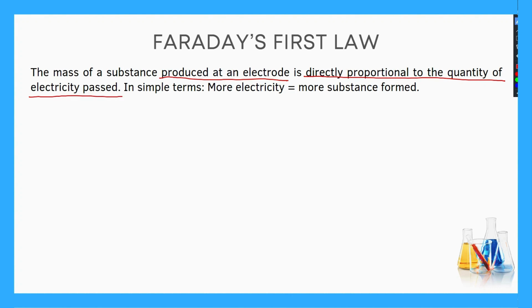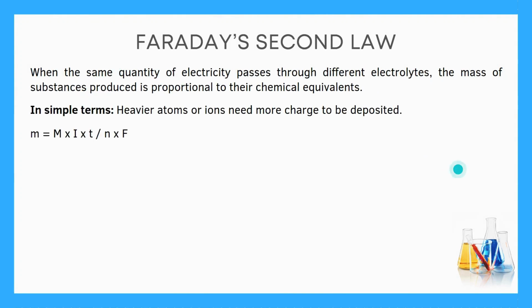In simple terms, the first law says the more electricity you have, the more substance will be formed or produced. There is a mathematical side to it, which is very important. But before we talk about that, let's move to Faraday's second law of electrolysis, see what it means, and then address the individual formulas one after the other.